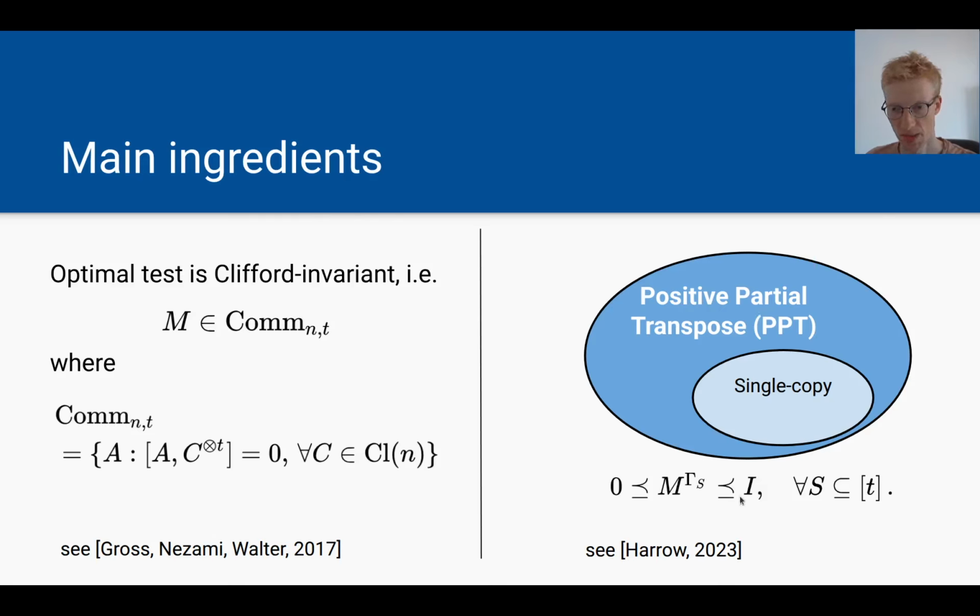So the PPT condition for the two-outcome POVM that we're interested in is this condition below here. It just means that all the partial transposes for all subsets of the t copies, denoted like this, are also positive. Okay. And then combining these two ingredients, we're able to prove this lower bound by studying partial transposes of operators that live in the commutant.